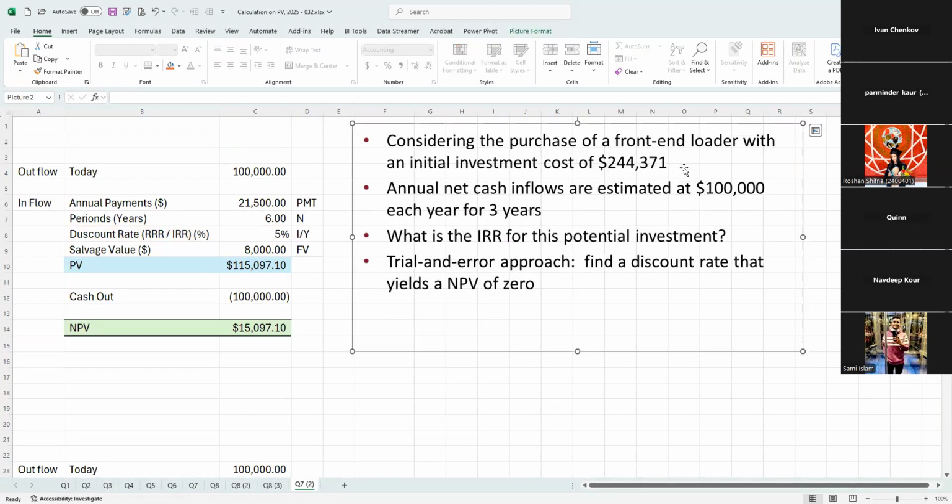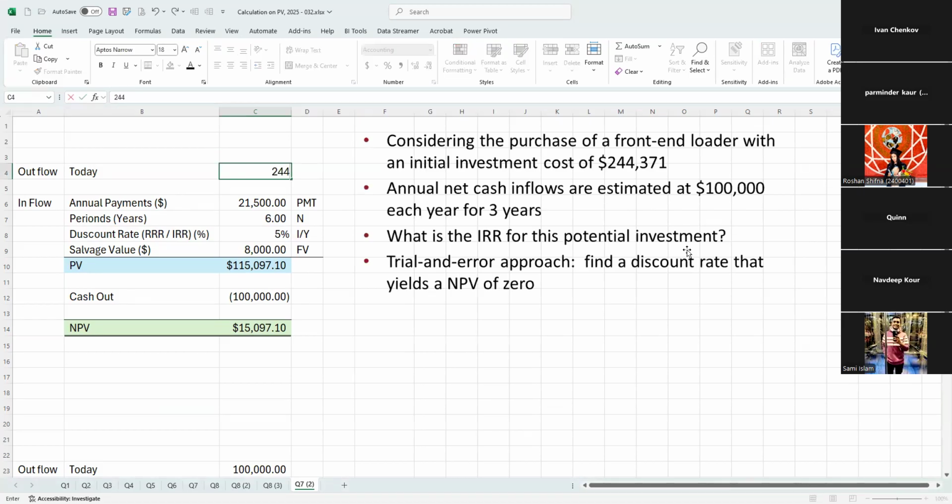So now we consider the front-end loader with the initial investment of 244,371, which is going to give me annual cash inflow payments of $100,000 over 3 years. Now the interest, I don't know. There's no salvage value. Definitely no salvage value.